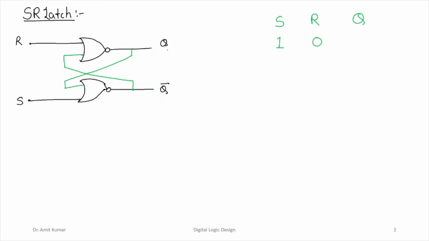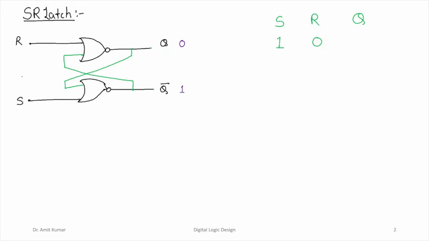Let us say previously the value of Q is 0. Just assume. So if previously Q is 0, then this Q bar value is going to be 1, right?